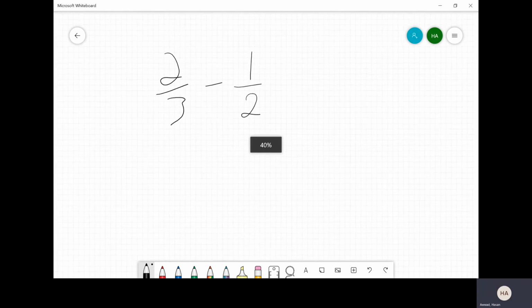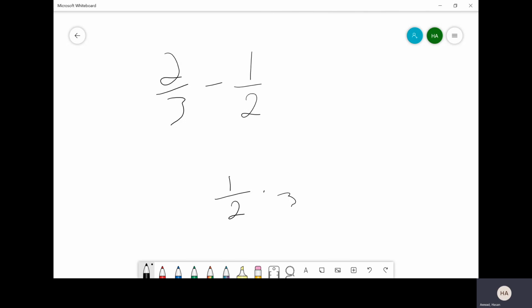So if we come over here and we're just considering 1/2, right? And say I wanted to change my denominator to a 6. So what would we do? Well, we multiply the bottom by 3, right? And we say, okay, well, we get 6. But are we done here? Well, no, right?